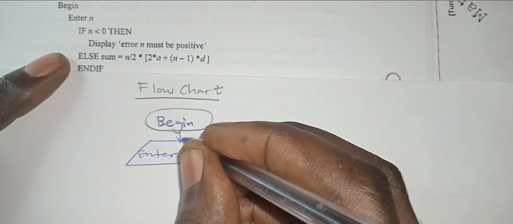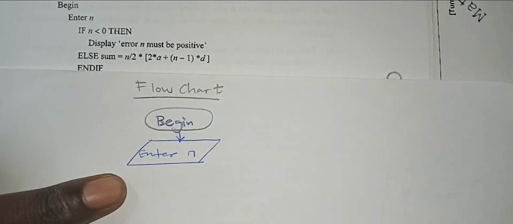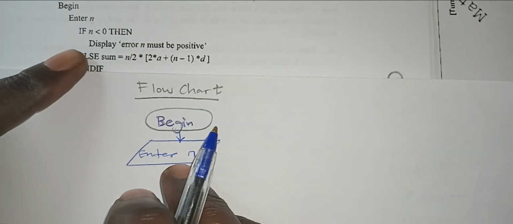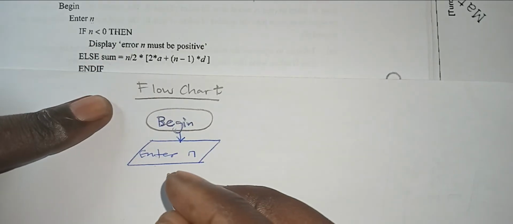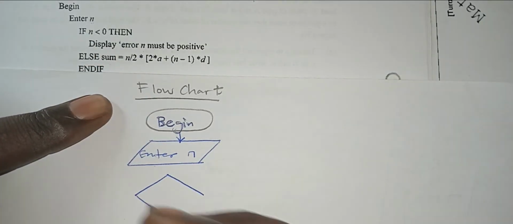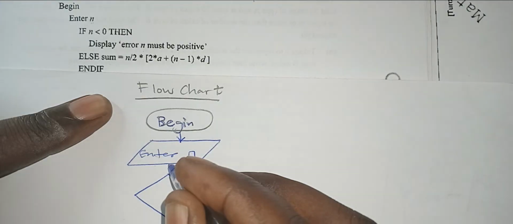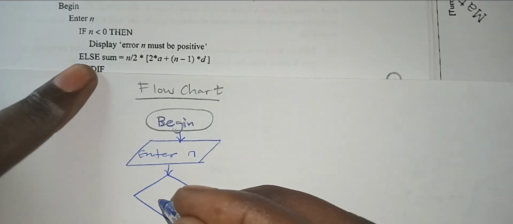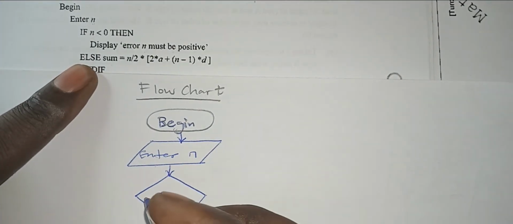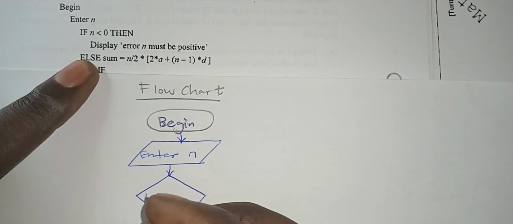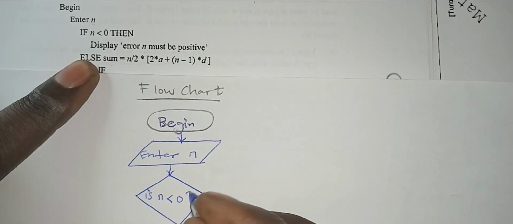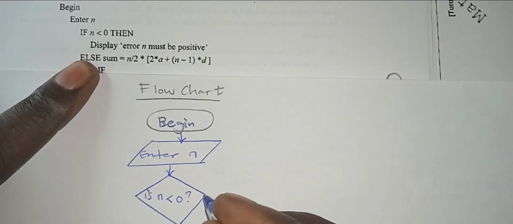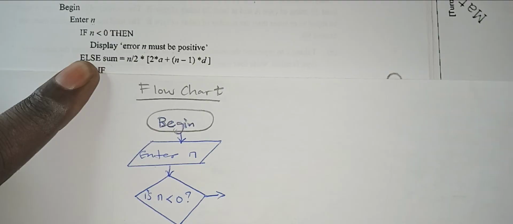We said these symbols are supposed to be connected by the use of an arrow. Let's not forget. And on the next step, we are saying it's an if statement. So an if statement requires the use of a decision box. So we're going to use this symbol. And inside this decision box, we are going to put a question to say, is n less than 0? So we are going to expect two situations.